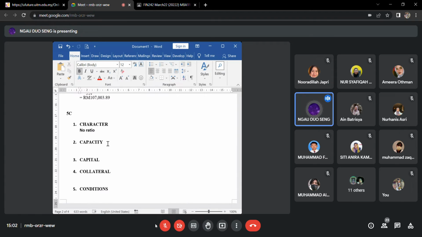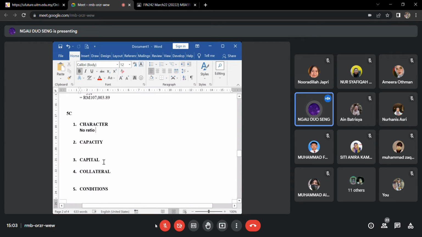Kita nak assess whether the company dia ada keupayaan untuk bayar. And then another one you can use dia punya debt ratio pun boleh, this one debt. Sebab debt ratio dia assess company punya utang, tengok dia punya utang tinggi ke. Kalau company punya utang terlalu tinggi, maksud dia ada high chances dia tak bayar kan. So you can still use that lah.